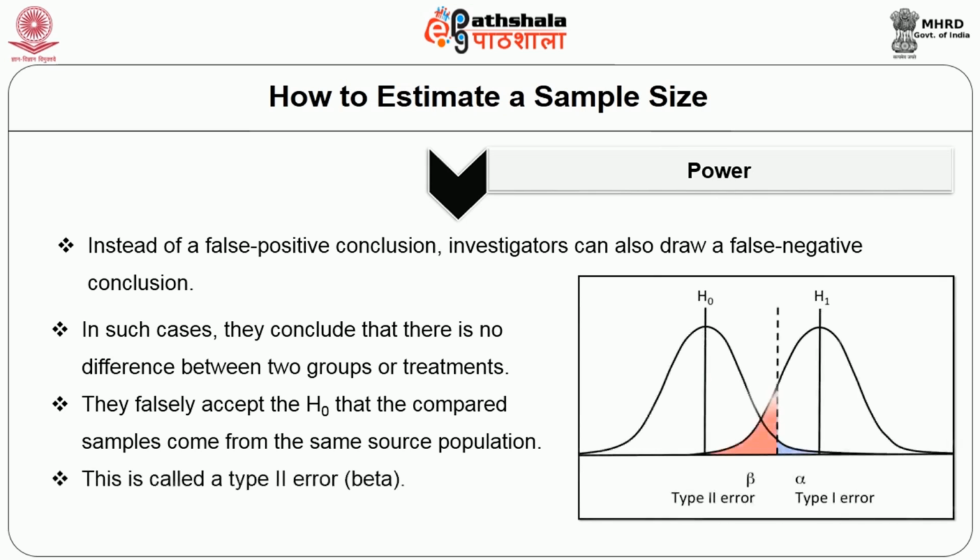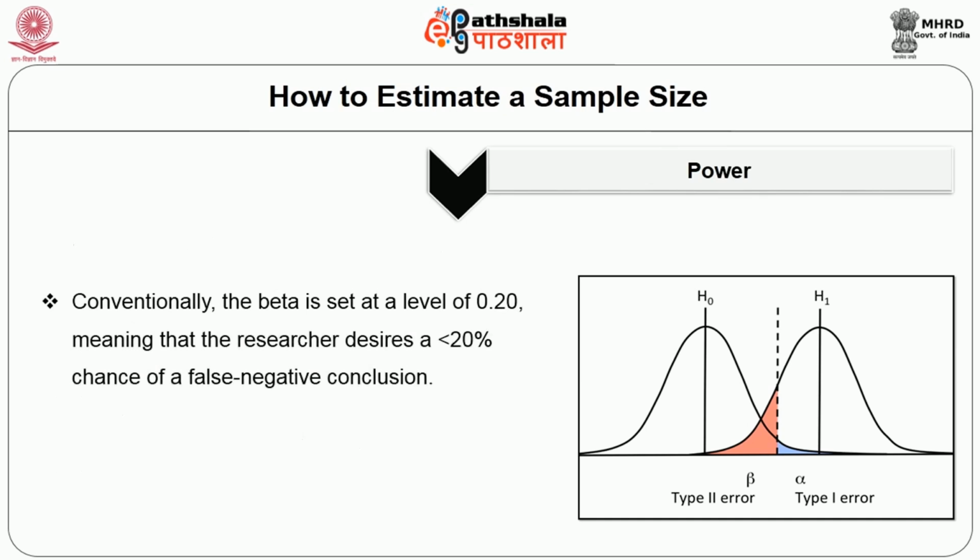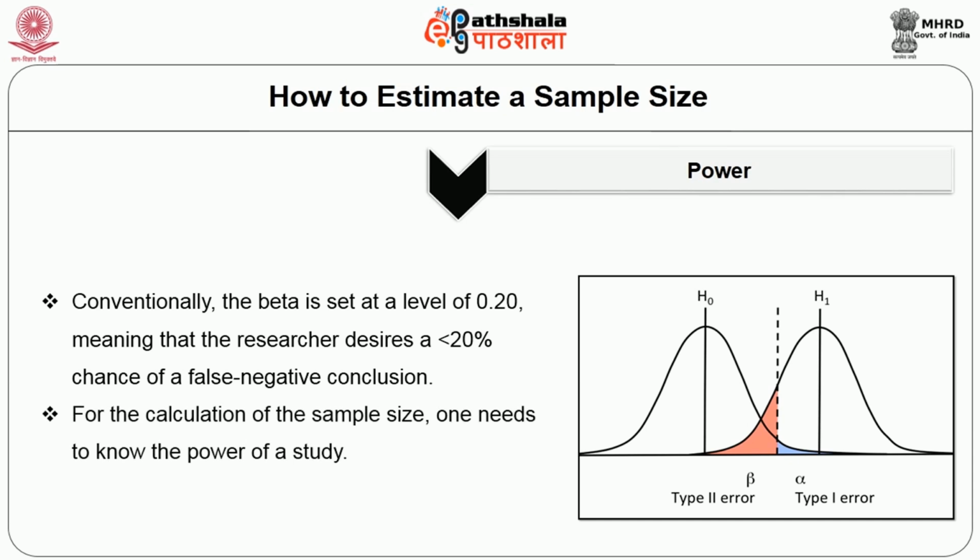This is called a type 2 error, beta. Conventionally, the beta is set at a level of 0.20, meaning that the researcher desires a less than 20% chance of a false negative conclusion. For the calculation of the sample size, one needs to know the power of a study.